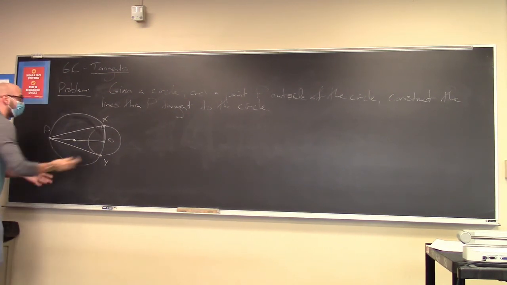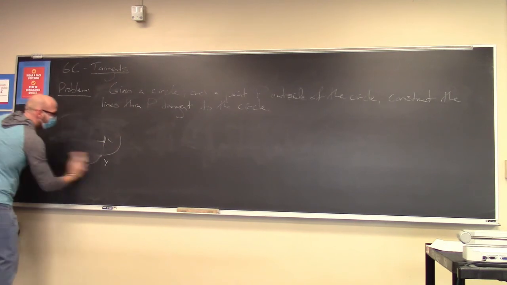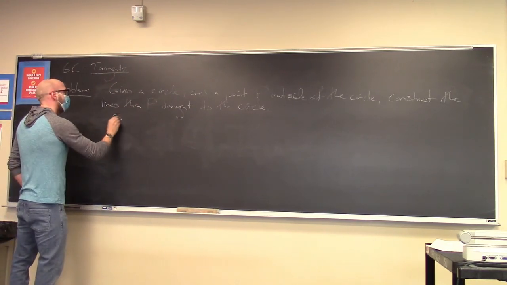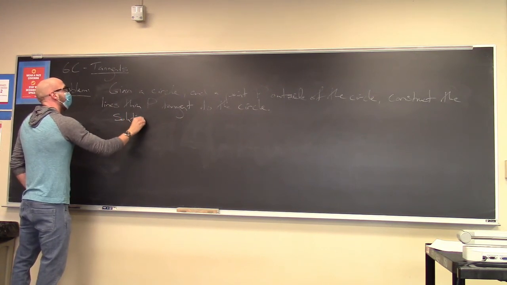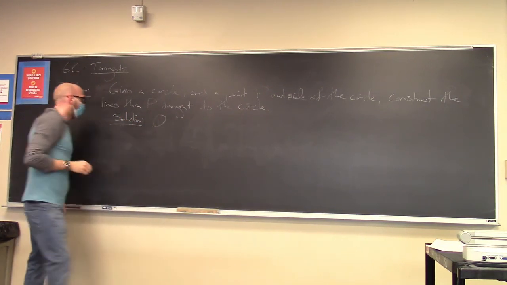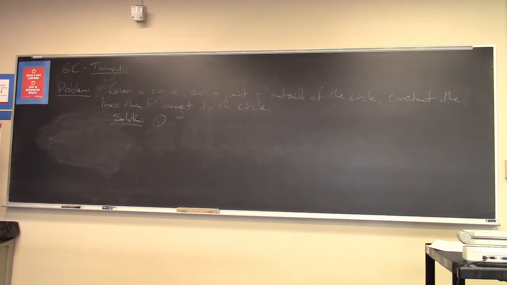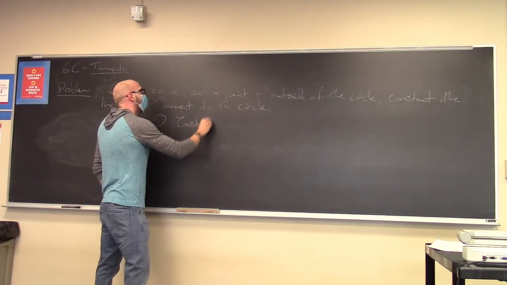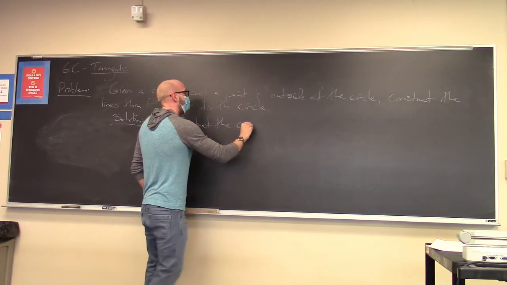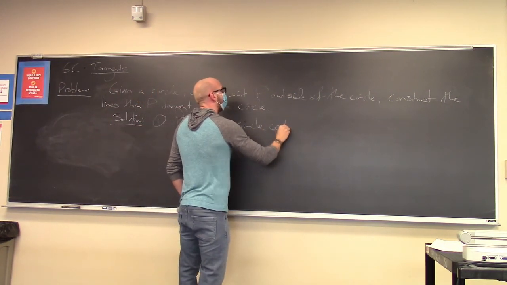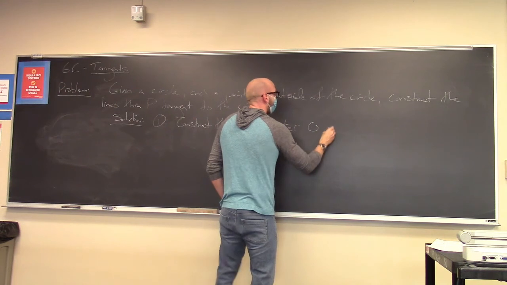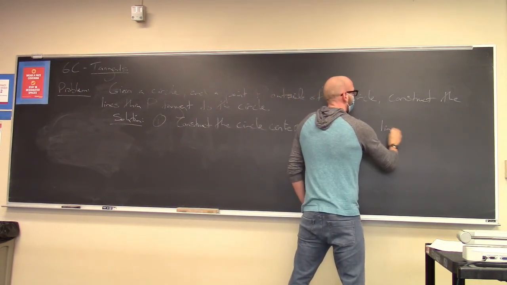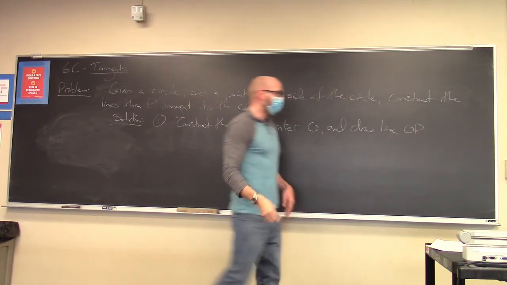So let's make this precise. Let's write down all these steps, because I don't think I was entirely clear there, but here's a solution. So step 1, once again, construct the circle center O, and draw line OP.